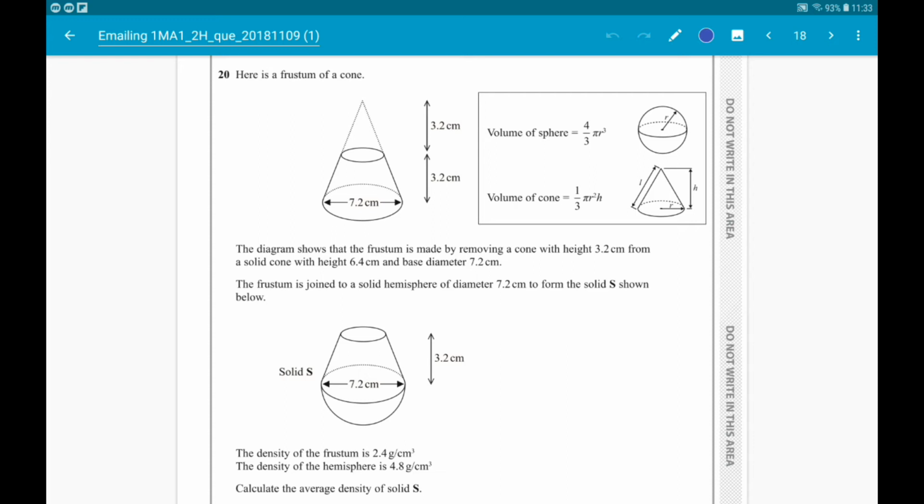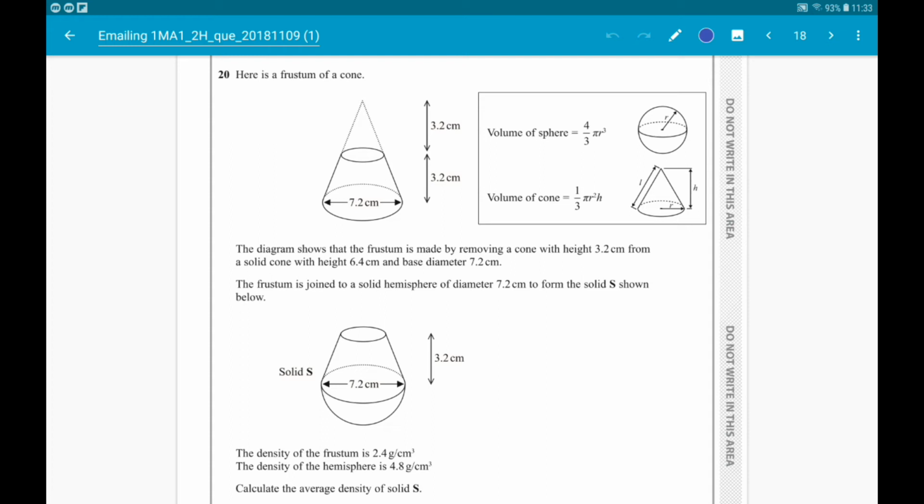So the density of the frustum is 2.4 grams per centimeter cubed. The density of the hemisphere is 4.8 grams per centimeter cubed. We want to calculate the average density of solid S. So, before anyone says, no, we can't just add the densities together and divide by 2.